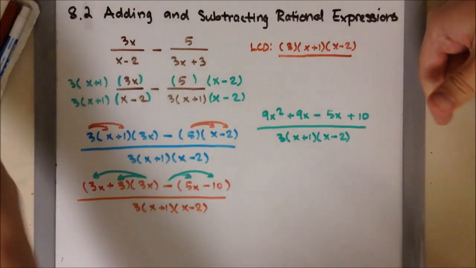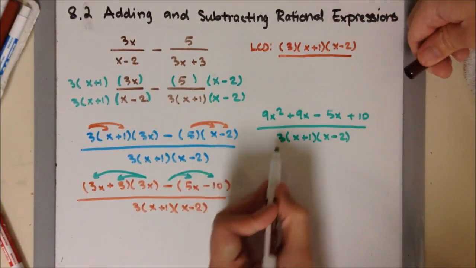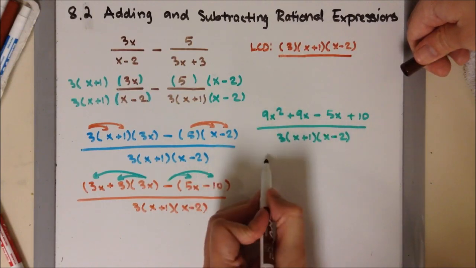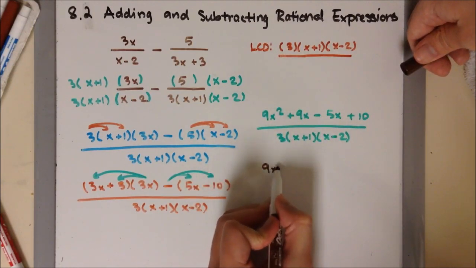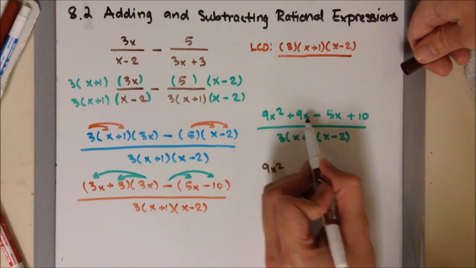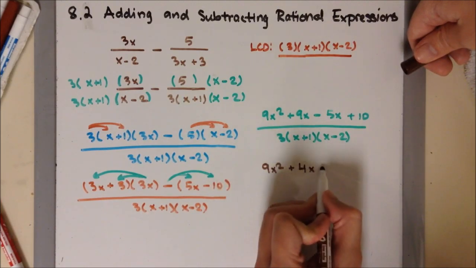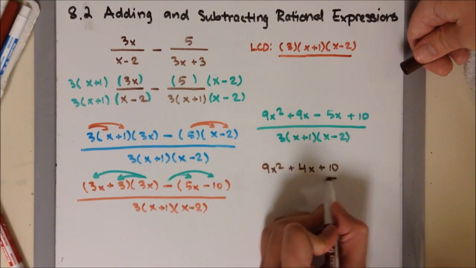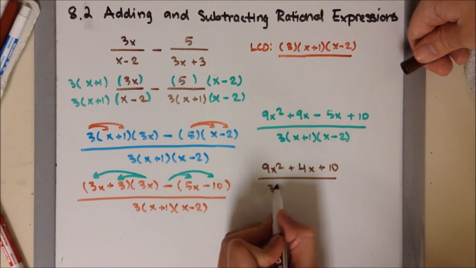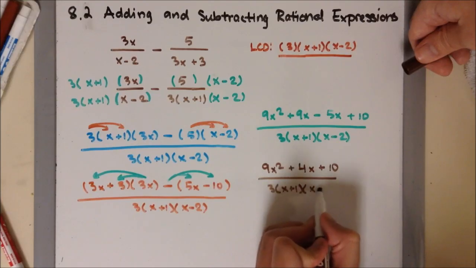From there, I'm going to write my final answer because I can combine like terms in the numerator. I'm just going to have 9x squared, and I'm going to combine positive 9x with the negative 5x, meaning 9x minus 5x will be positive 4x, and then plus 10 over 3 times x plus 1 times x minus 2.